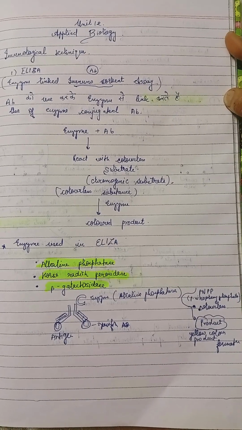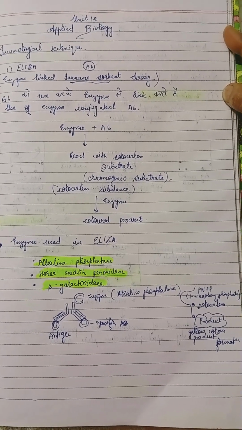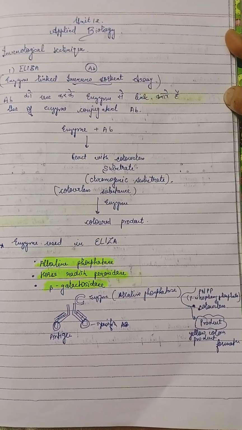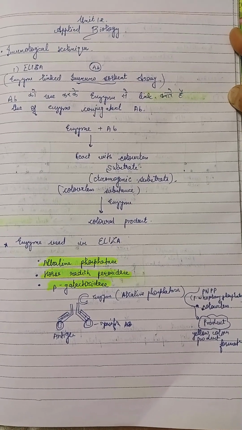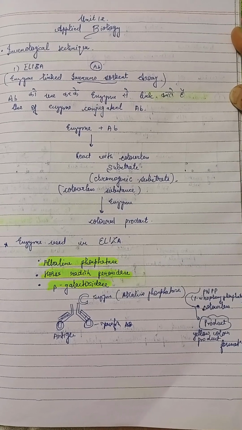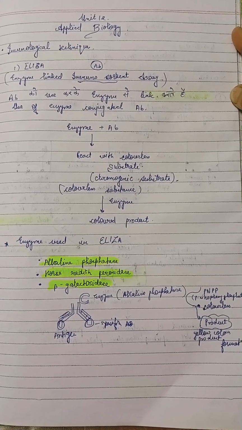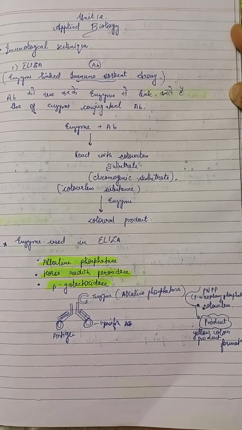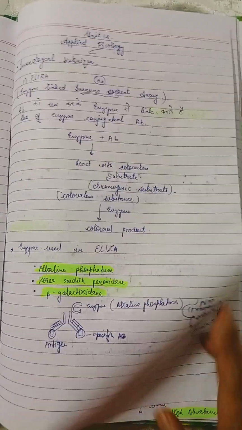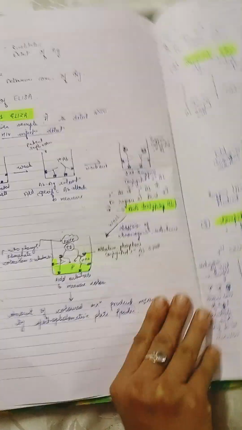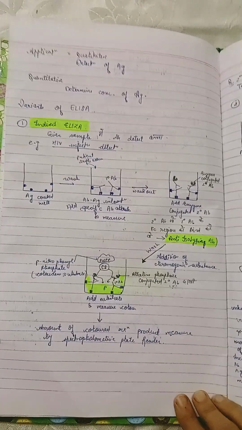This alkaline phosphatase, with PNPP, that is para nitrophenyl phosphate, gives a colorless substrate turning into a yellow colored product. This will allow you to measure the concentration.